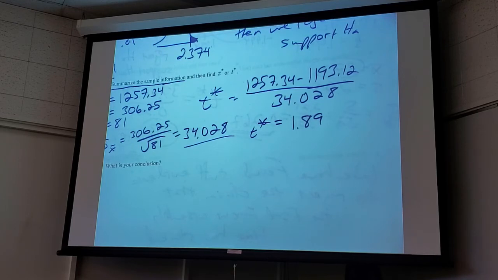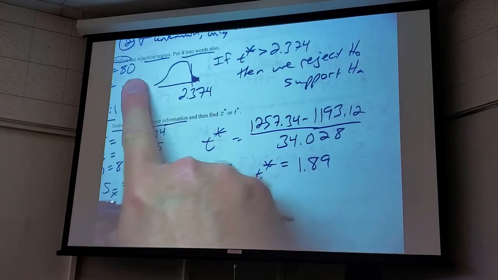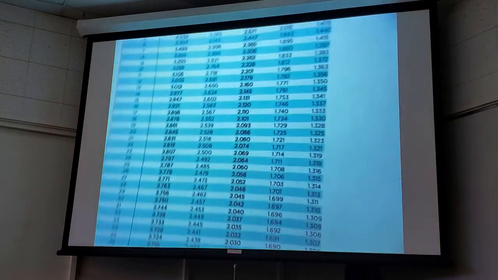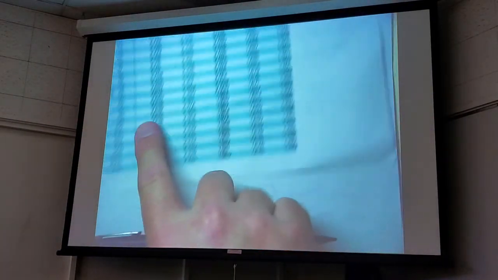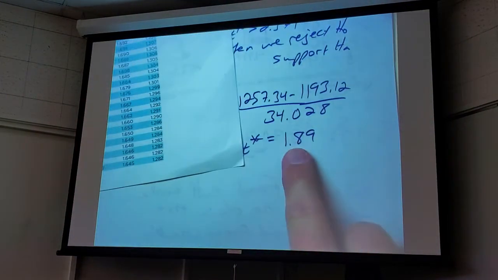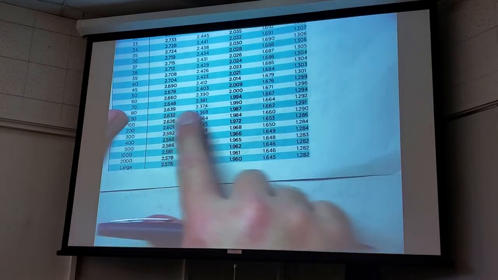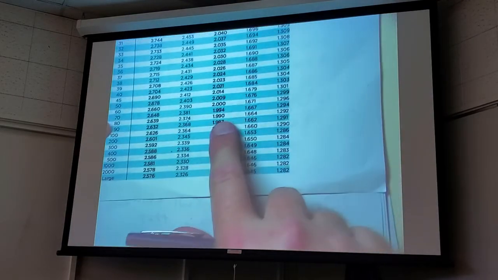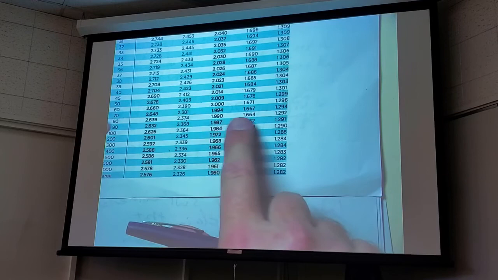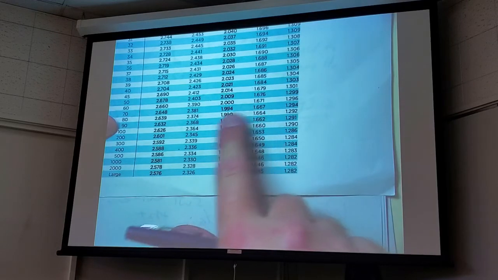It's a t-score. Okay. There is a way you can get something from the t-score chart. Do I want to tell you? Maybe. What was the degrees of freedom again? It was 80, right? So watch this. If you look at 80, and our t-score was 1.89. Isn't 1.89 in between these two? You guys see that?